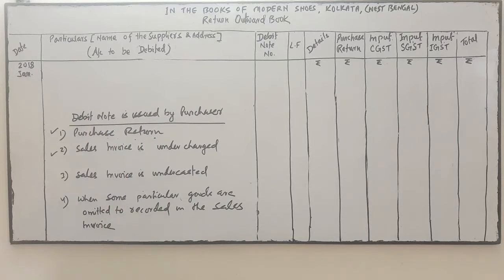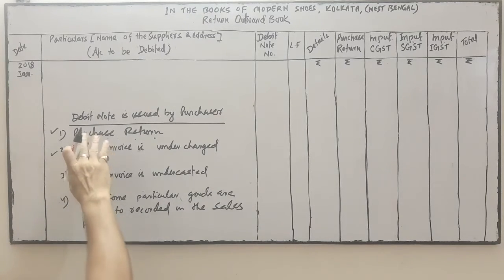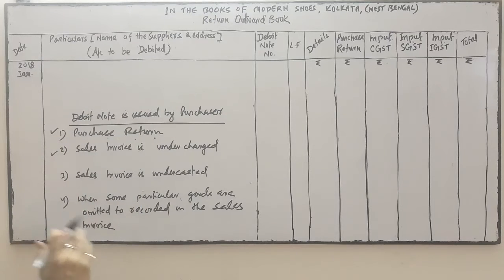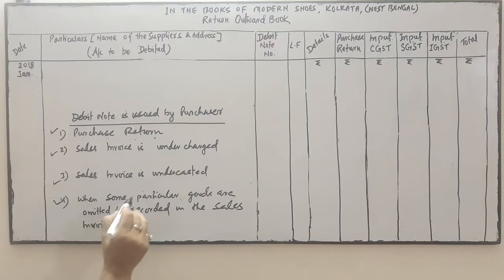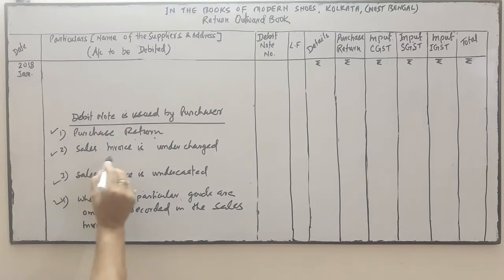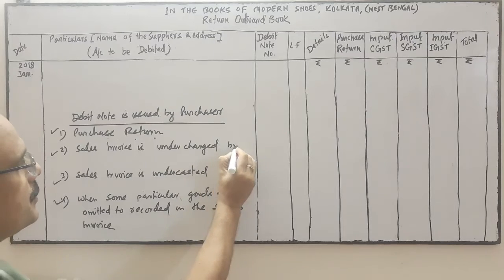When the sales invoice total is undercosted, we also issue the debit note to do the reverse treatment. And the fourth one is when some particular goods are omitted from being recorded in the sales book, so the sales invoice is undercharged by mistake.